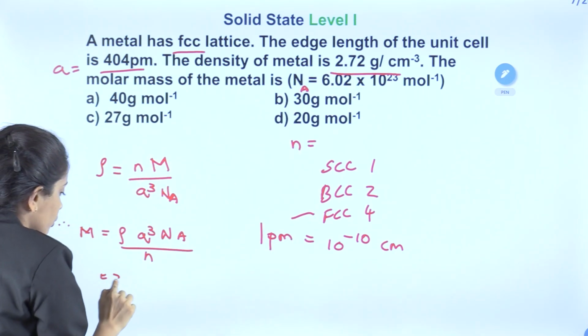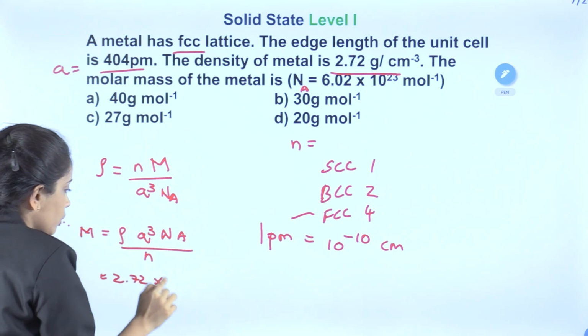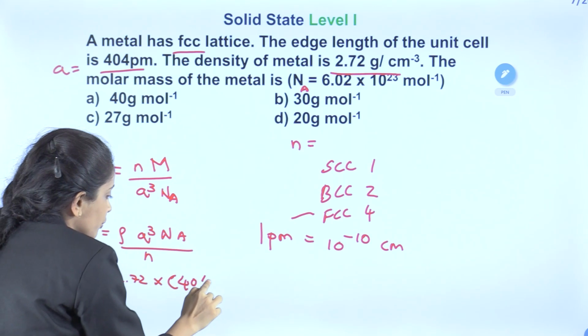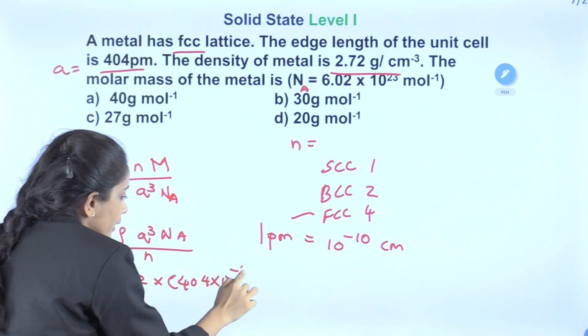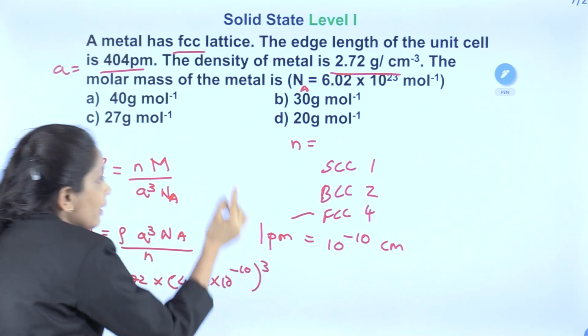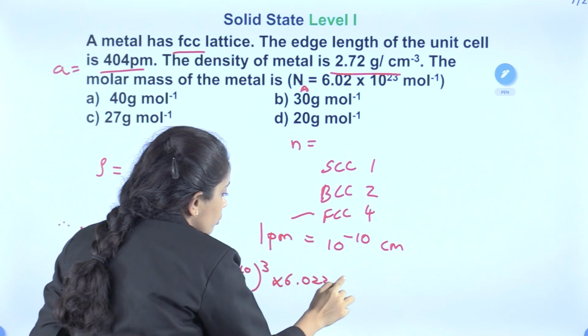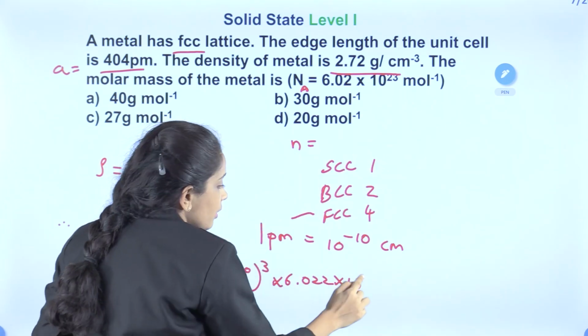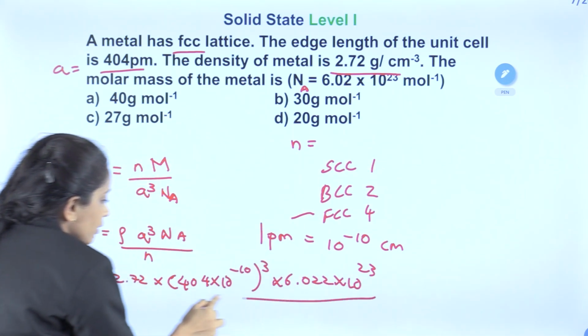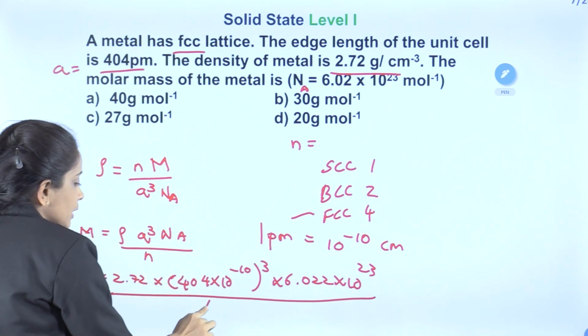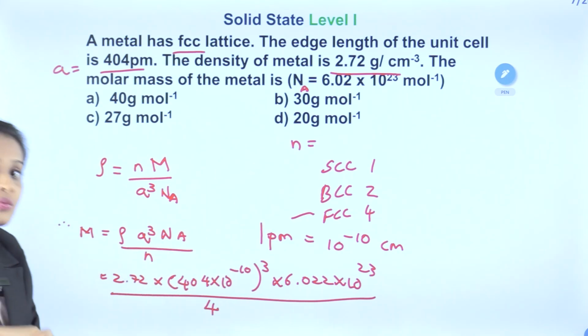So we have 2.72 into a cube, but in centimeter, so 404 into 10 raised to minus 10, whole cube, times Avogadro number 6.022 into 10 raised to 23, divided by the value of n. For FCC we will be using it as 4.